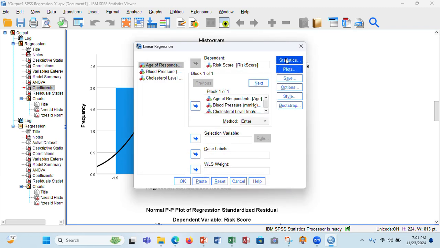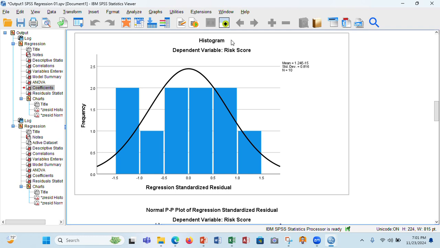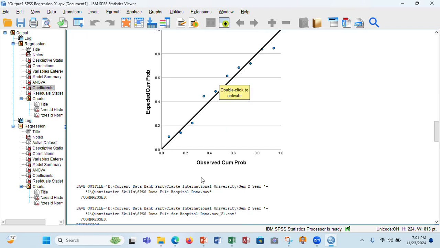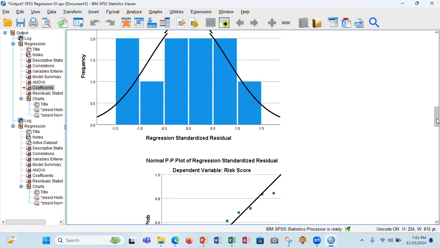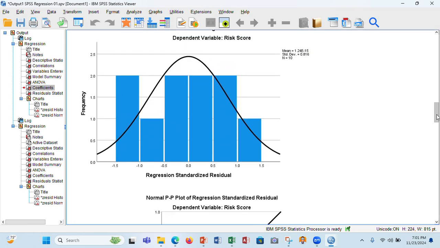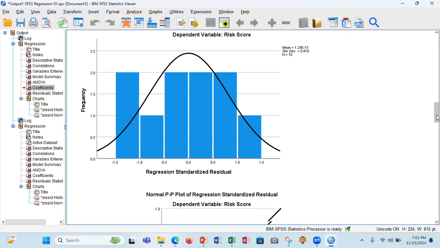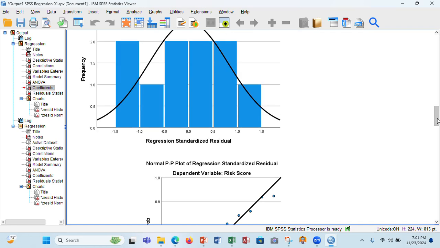So when we did that, that's why our data here is coming with the histogram, and is also having our normal distribution plot. Usually the histogram comes with that bell-shaped curve.